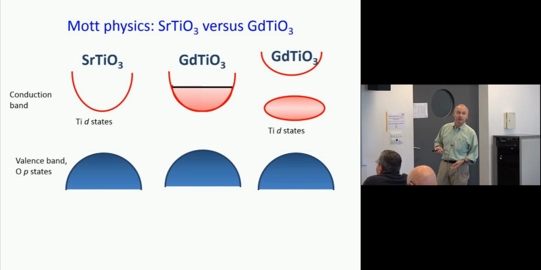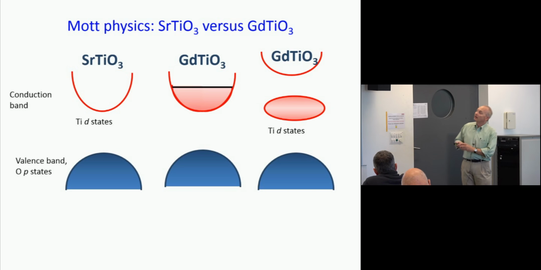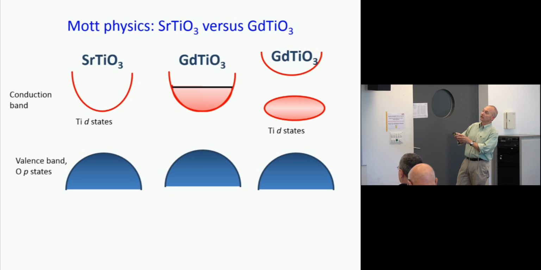What actually happens is that these electrons do not simply fill this conduction band, but they localize. Remember, I mentioned localization early on and the importance of describing this. It turns out that in this material, it's more energetically favorable for electrons to localize in one particular titanium d state and form a separate band by themselves, which is then separated from the actual conduction band by a band gap.